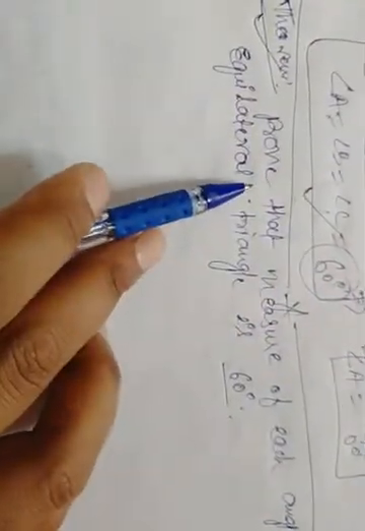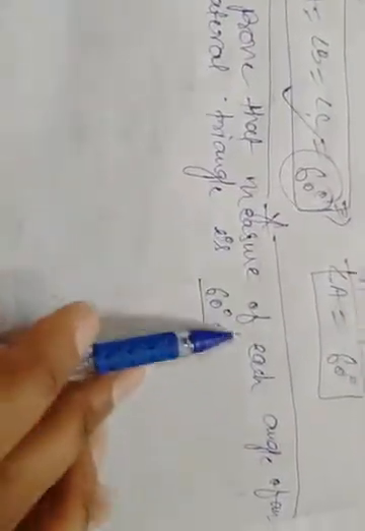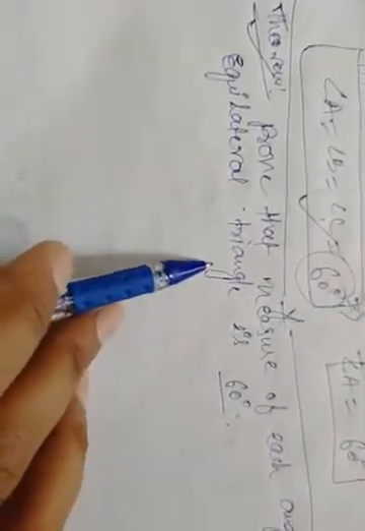Okay, your theorem is: prove that the measure of each angle of an equilateral triangle is 60 degrees.